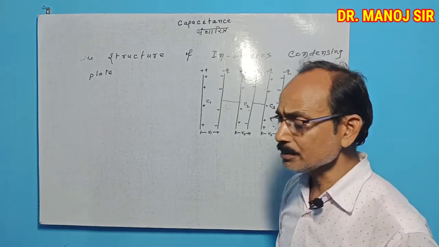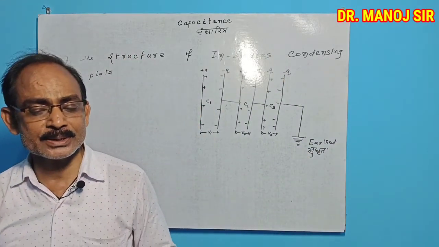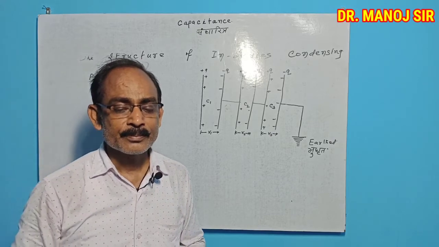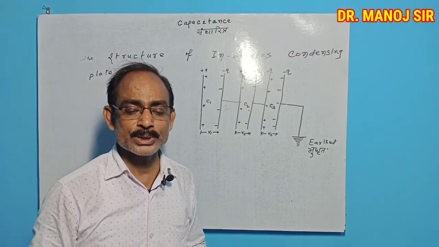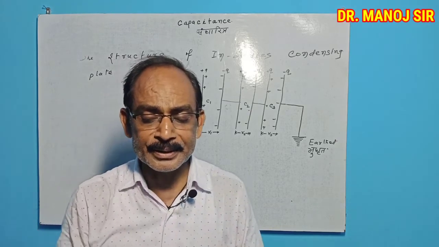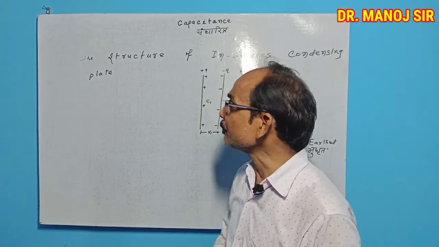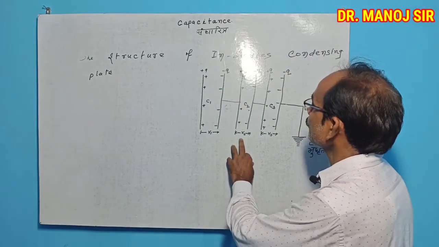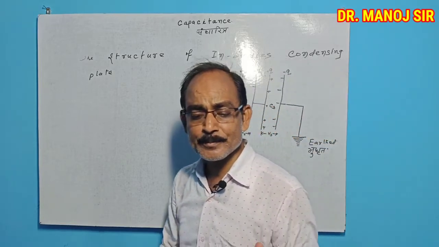Suppose C1, C2 and C3 are the capacitances of the capacitors added in series, and V1, V2 and V3 are their potential differences.